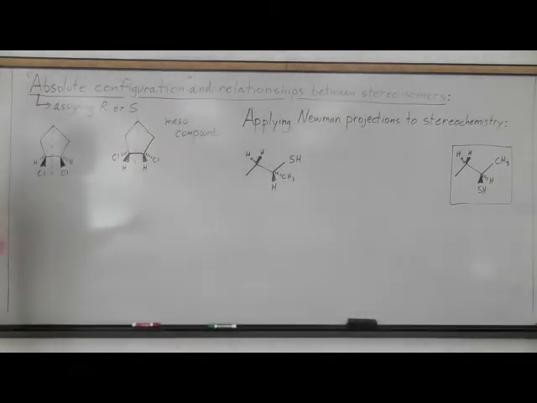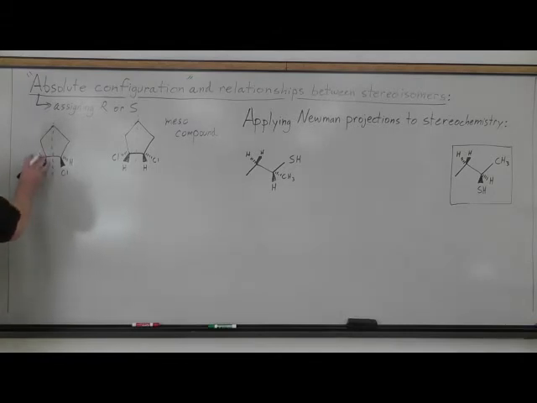We can assign R or S to these carbons. And we can assign priorities. Chlorine having the highest atomic number is priority 1. Hydrogen having the least atomic number is priority 4. Then we have two carbons that we can directly compare.